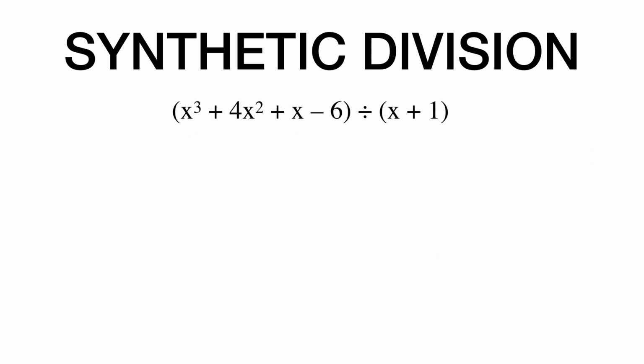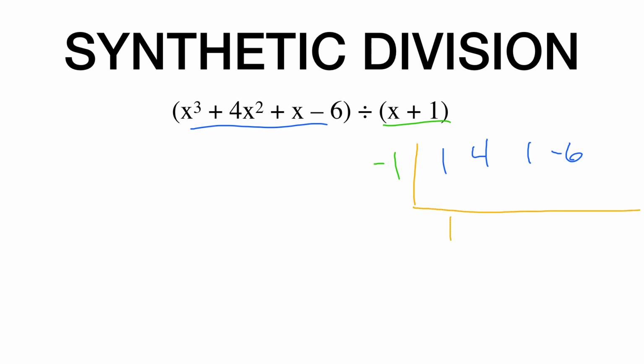Okay, let's try this one. Our coefficients are 1, 4, 1, negative 6. And our 0 is negative 1. Let's see, this drops. Negative 1 times 1 is negative 1. 4 minus 1 is 3. 3 times negative 1 is negative 3. 1 minus 3 is negative 2.